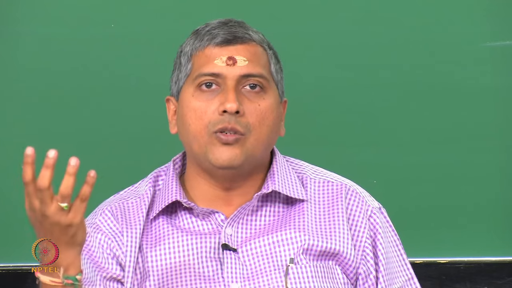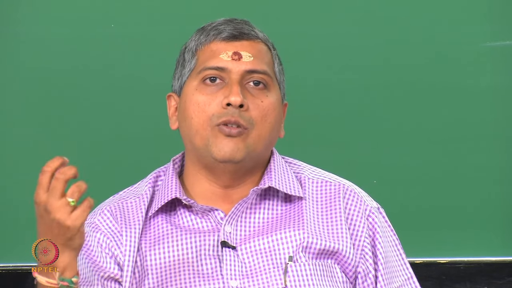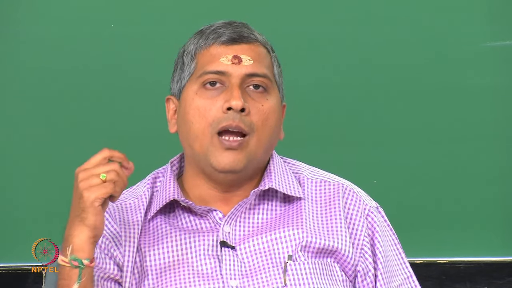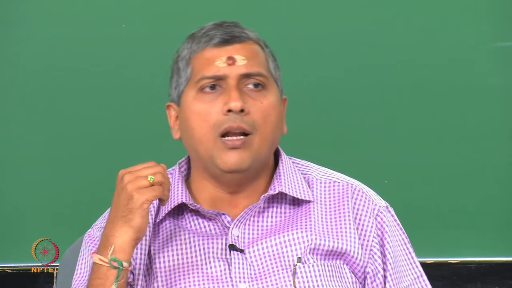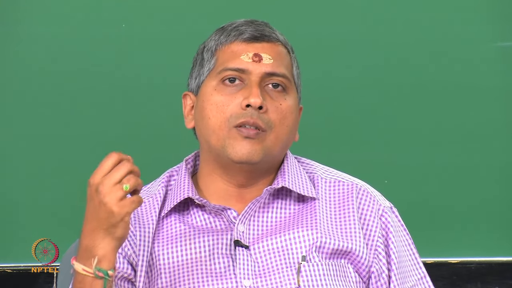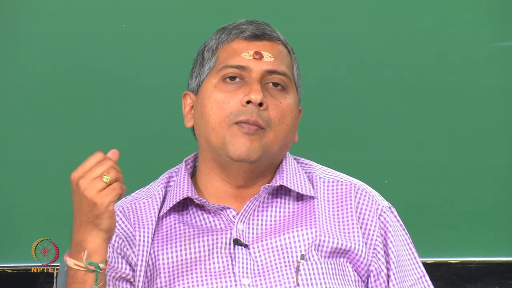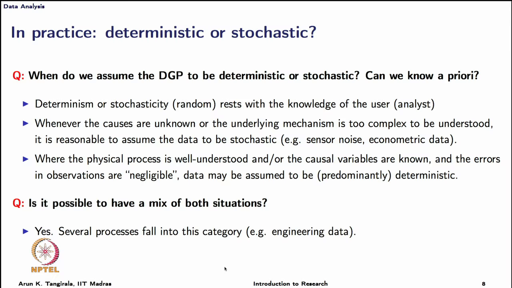There is also another situation in which you may have to assume the process to be stochastic, and that situation is where the cause of the data that you are looking at is unknown. So, as a simple example, suppose I am looking at the prediction of stock market index. There are so many factors responsible for the stock market index.